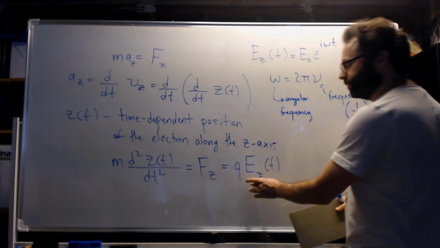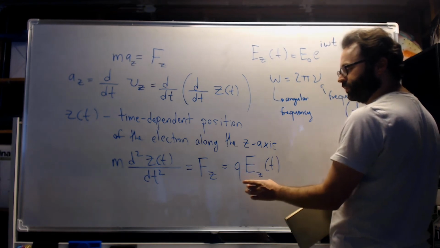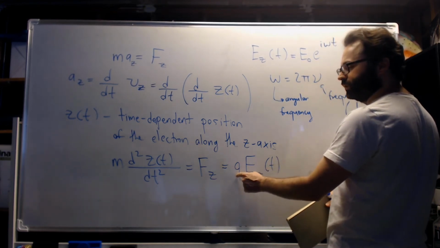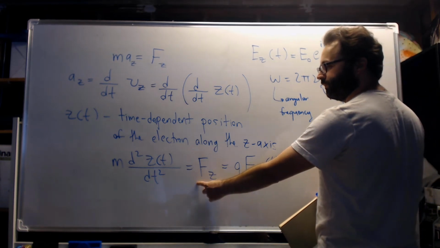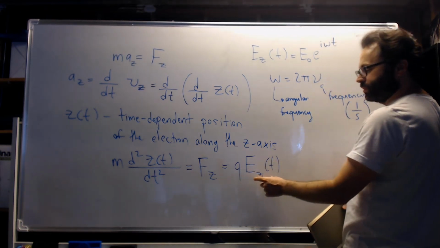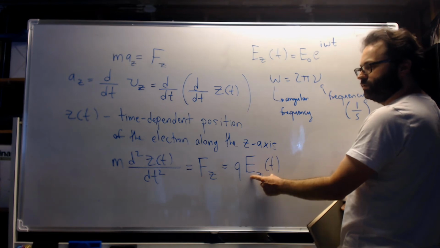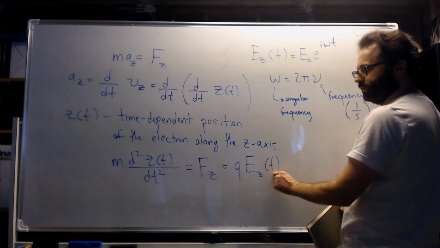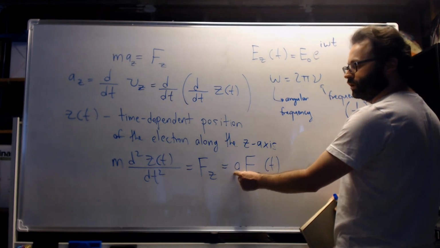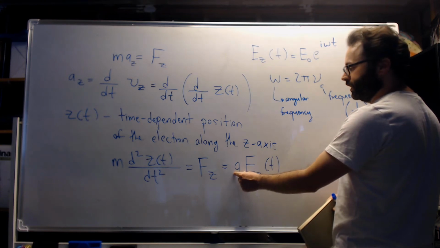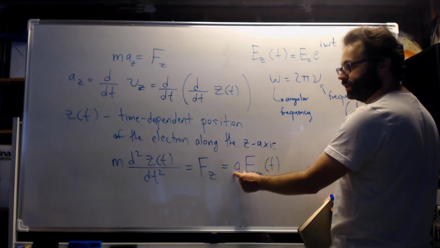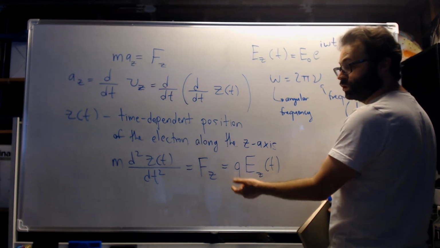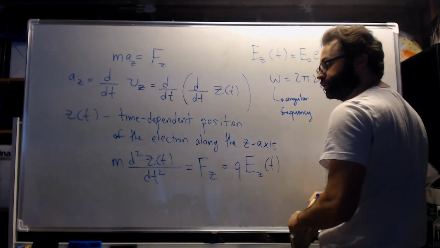So that's the relationship. They are almost the same, except the force is the product of the magnitude of the charge times the electric field. And so the total force felt by a charge is the product of the electric field magnitude at a given point in time times the magnitude of the charge. So if this was a charge of, let's say, a helium nucleus, it would be a different charge than the charge of the electron, or the charge of the proton, which would be the opposite sign charge of the electron.